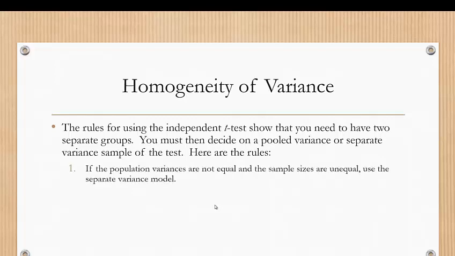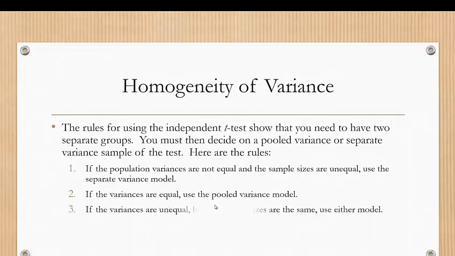And so, if the variances are not equal, and the sample sizes are not equal, then we use what's called the separate variance model. Okay, we're going to explain both of these. If the variances are equal, then we can use the pooled variance model. And then finally, the last one, if the variances are unequal but the sizes are the same, then we can use either model.